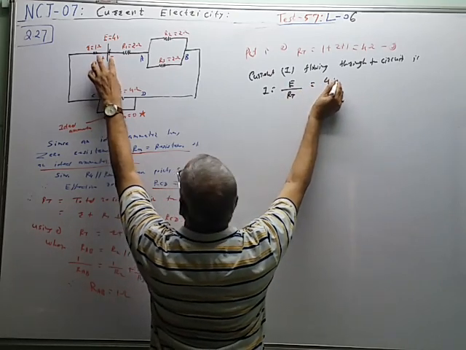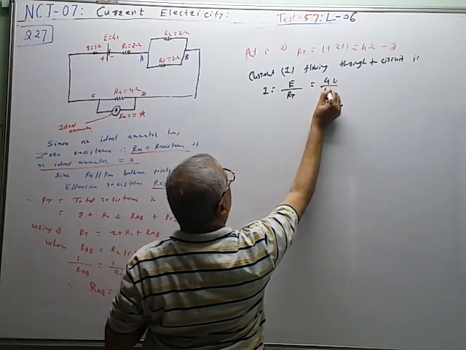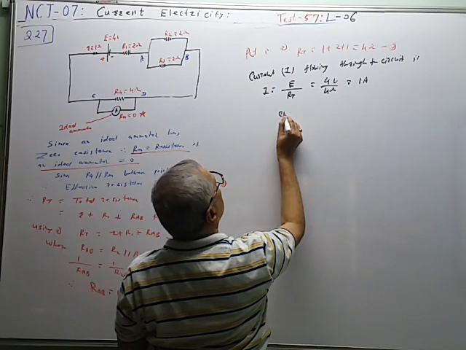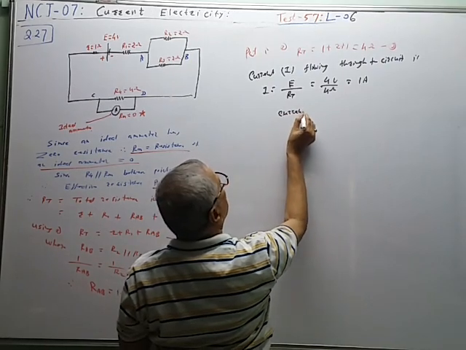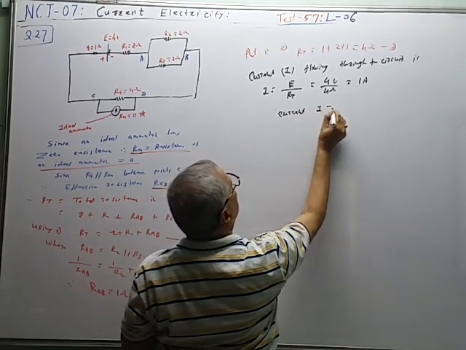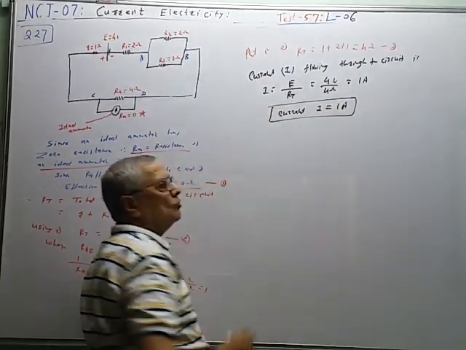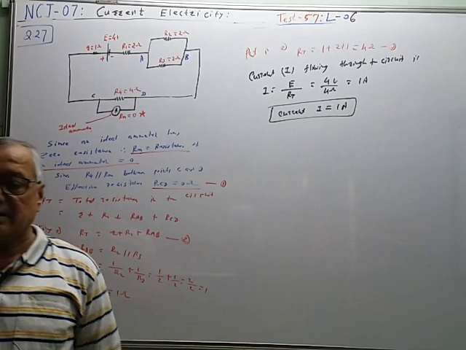So EMF is given 4 volt upon 4 ohm, that is equal to 1 ampere. So the current I is equal to 1 ampere. This is the correct answer. 1 ampere current is flowing through the circuit.